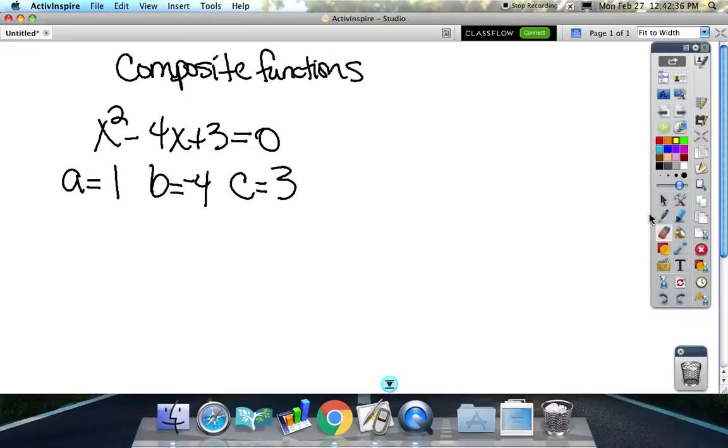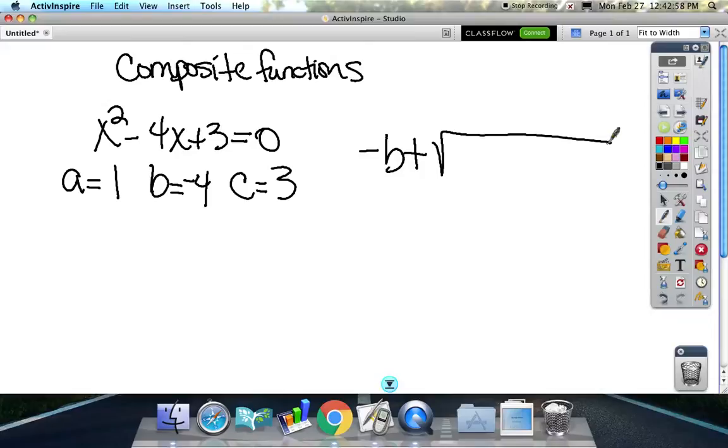So everybody hit your fraction key right now. And type in the quadratic formula, negative B plus square root.